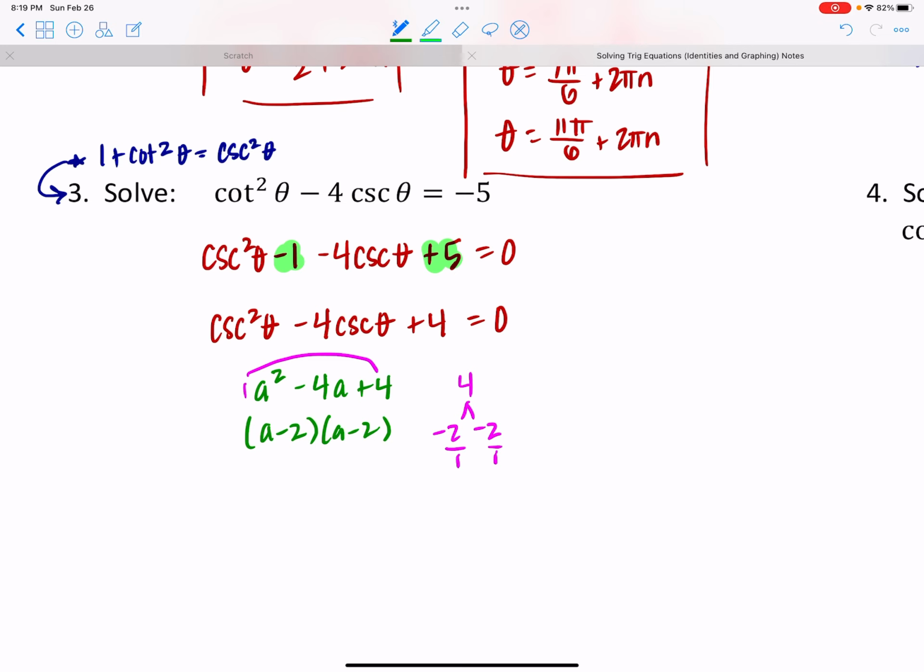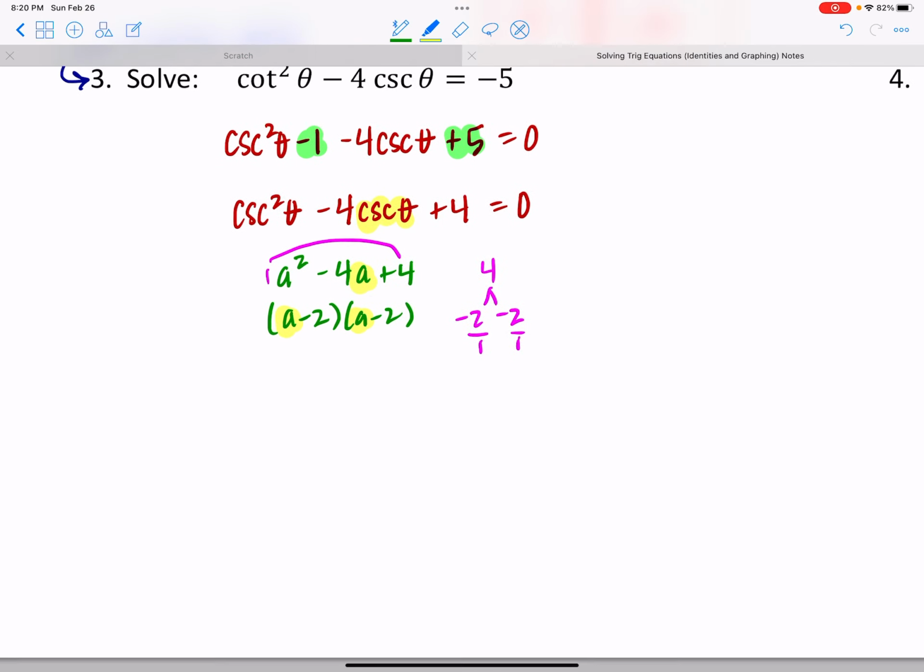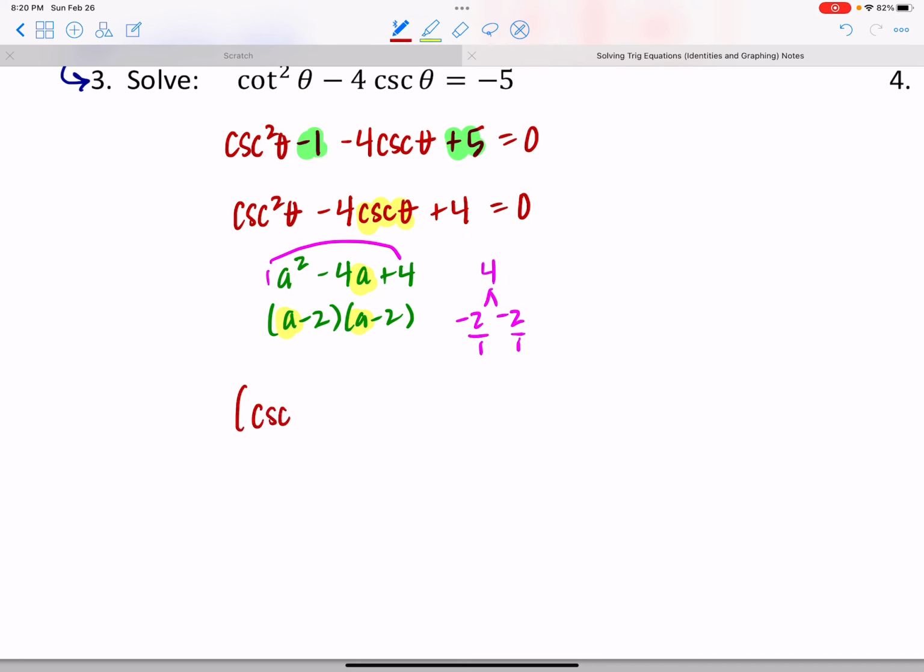Now I replaced cosecant with a, so now I'm going to replace these a's with cosecant. So my trig function in factored form is going to be the cosecant of theta minus 2 twice. So if you didn't want to write it twice, you can write this as the quantity squared. That would be a little bit more concise, although it's not really going to matter.